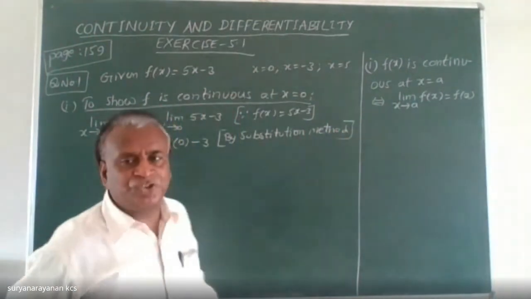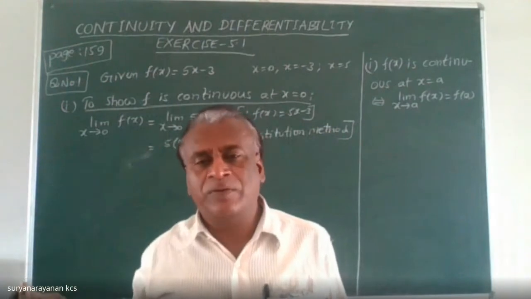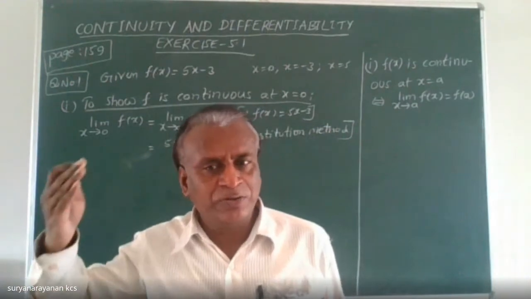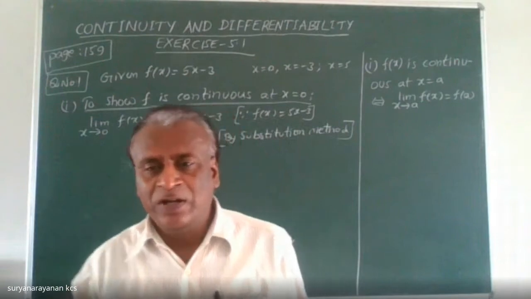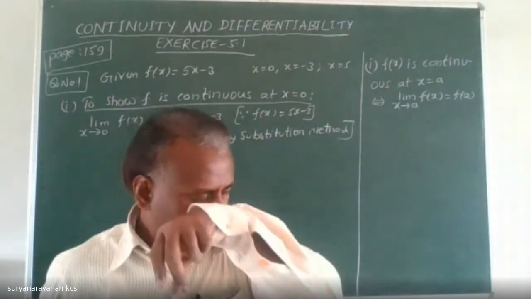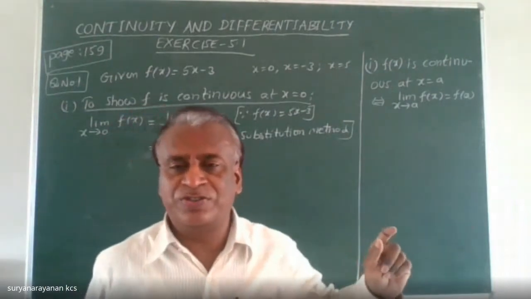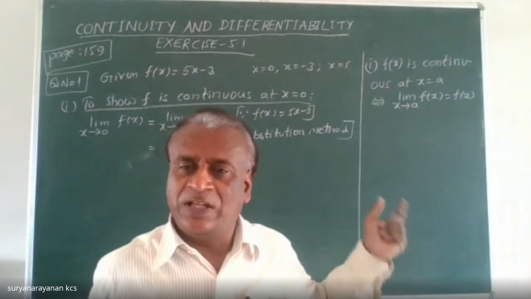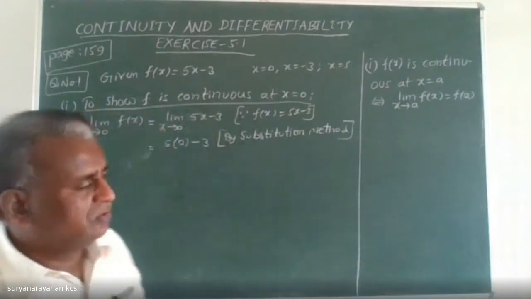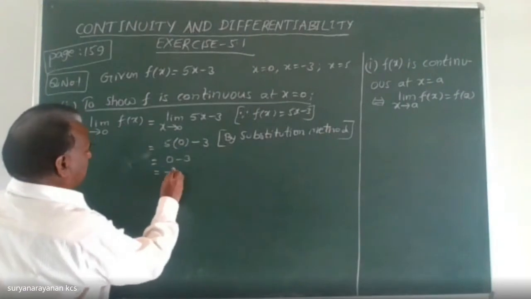In this method, you need not recollect any formula. Directly substitute. If you are strong in substituting values in a given function, then this part is easy. Then what will you get here? 0 minus 3, that is equal to minus 3.